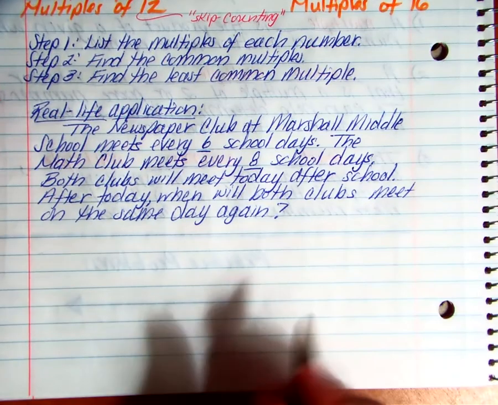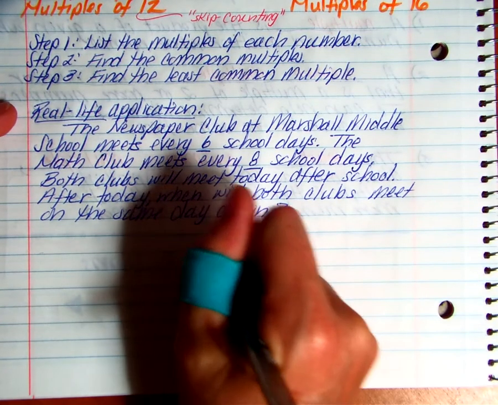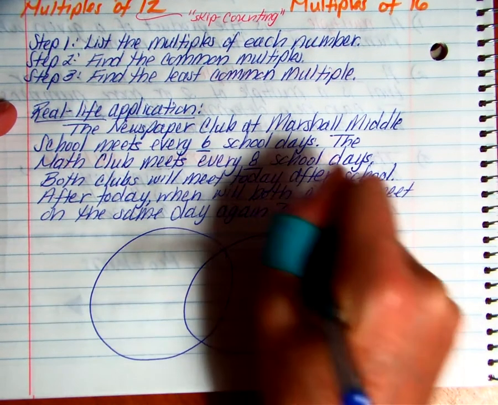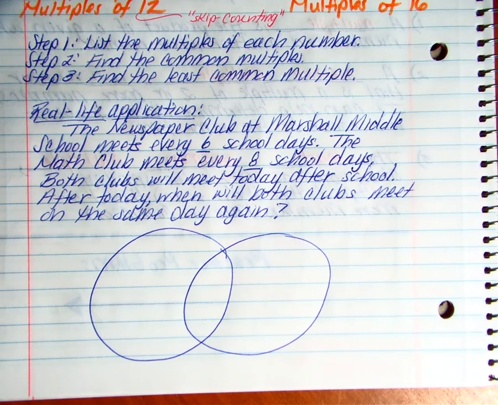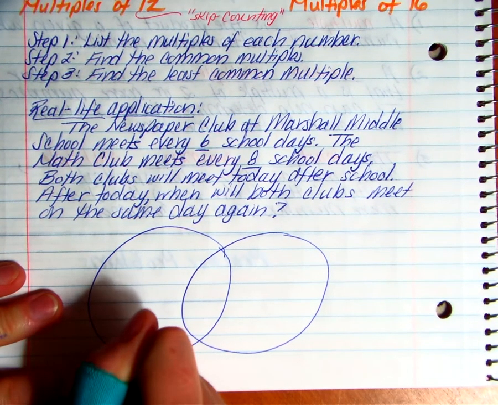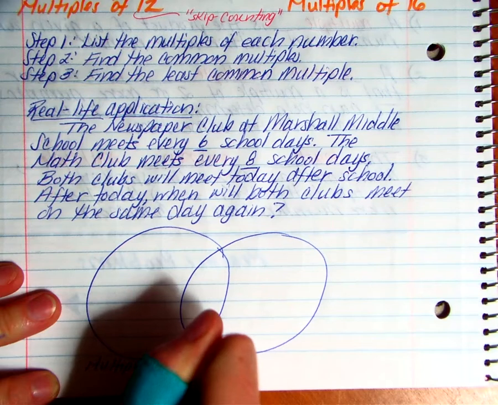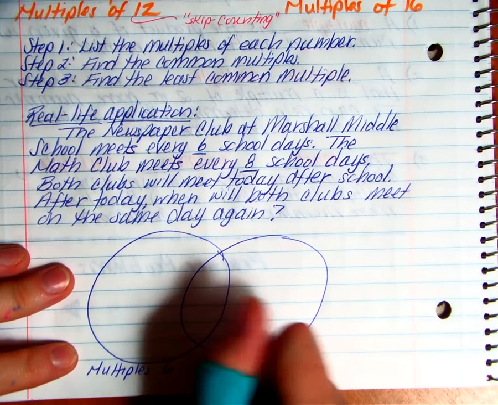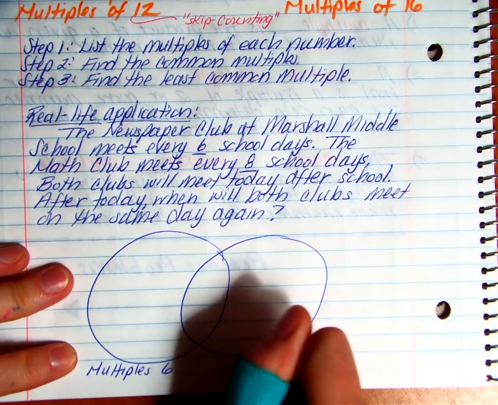Some people like to use a Venn diagram. So this is one of those overlapping Venns. And on this side, we're going to do multiples of 6. That represents the newspaper club every 6th day. And this is going to be multiples of 8.